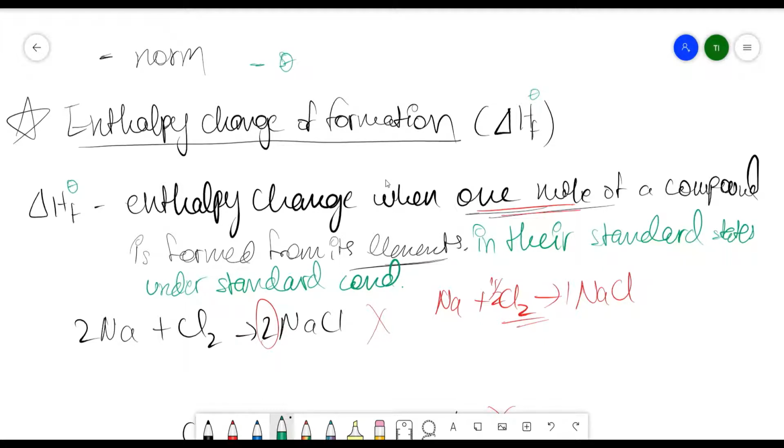Okay, that's all you have to add in case you have to mention standard enthalpy change, or if in the question it's written standard enthalpy change of formation rather than just simply enthalpy change of formation. So you have to be wary of this sign. It's very important. Okay.